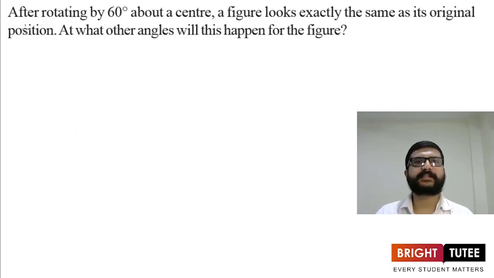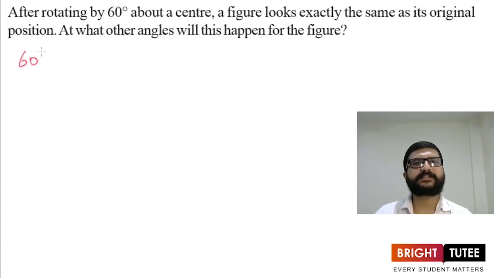Now the question is, after rotating by 60 degrees about a center, a figure looks exactly the same as its original position. At what other angles will this happen for the figure? As we can see here, angle of rotation is 60 degrees.